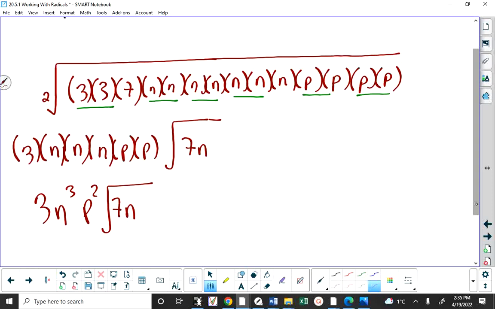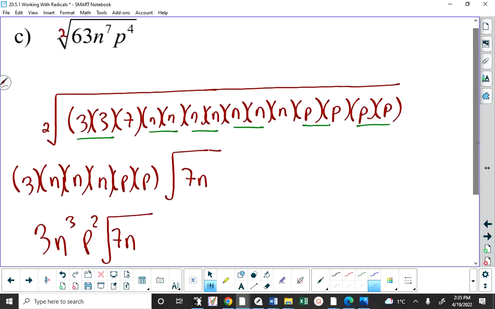Perfect example, by the way, everybody, of a numerical response question where I tell you that root 63n to the 7 p to the 4 is equal to a n to the b p to the c root dn. What are the values of a, b, c, and d?